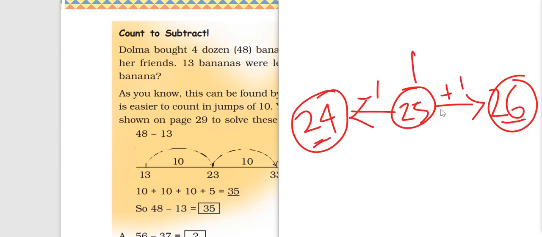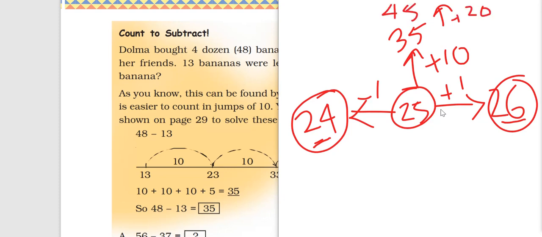But if you go one step up, then we are adding 1 ten. So it is 35. And you take 2 steps up, you're adding 2 tens, which is 20. So you come to 45. 25 plus 20 is 45. So each time you take a step up, you add a 10.